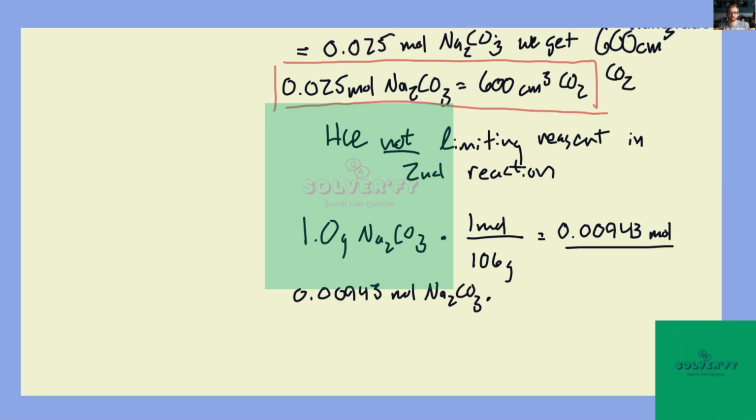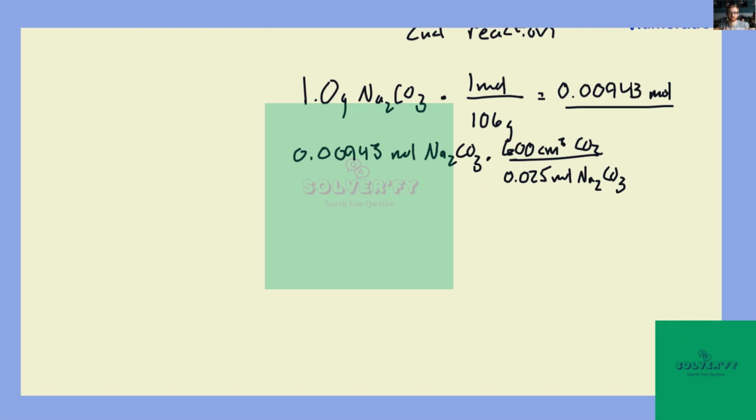We turn this equality into a factor by dividing both sides by 0.025 moles of sodium carbonate. So we get 600 centimeters cubed CO2 up top, and down below is where we put our 0.025 moles Na2CO3, or sodium carbonate.